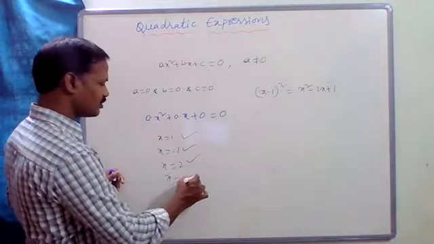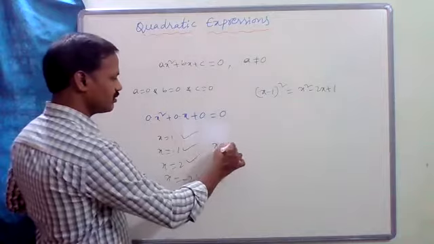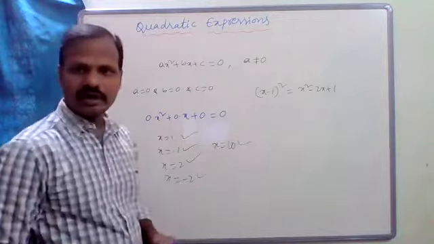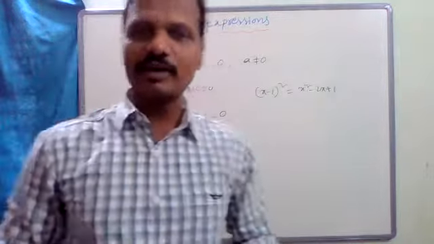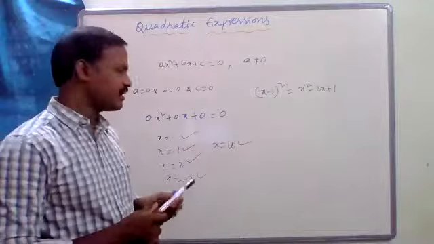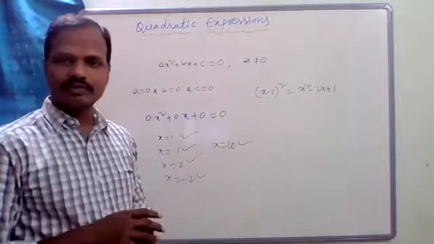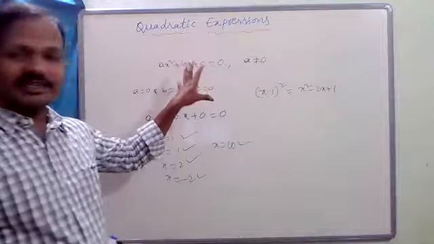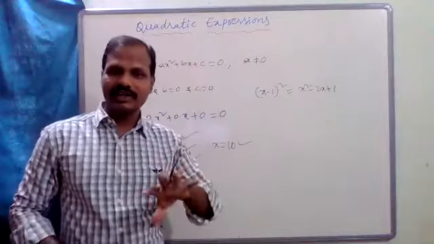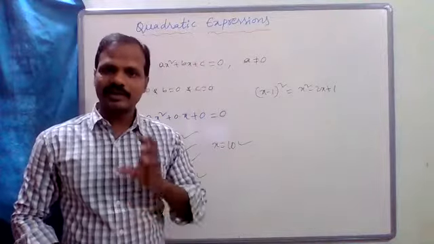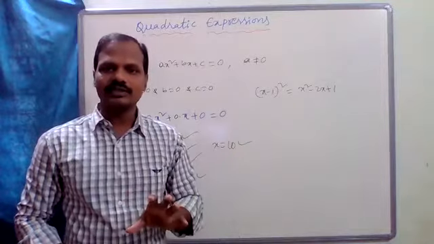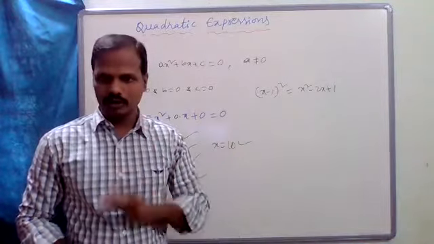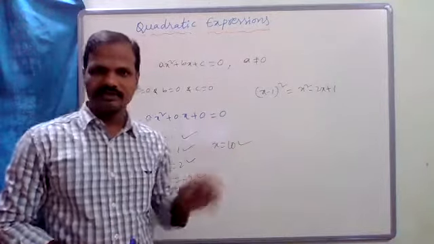X equal to minus 2, it is true. X equal to 10, it is true. Obviously it has infinite number of roots. So identity has infinite number of roots. So if a quadratic expression is given and if it has more than two roots, then it becomes identity and all coefficients become 0. Is it clear?